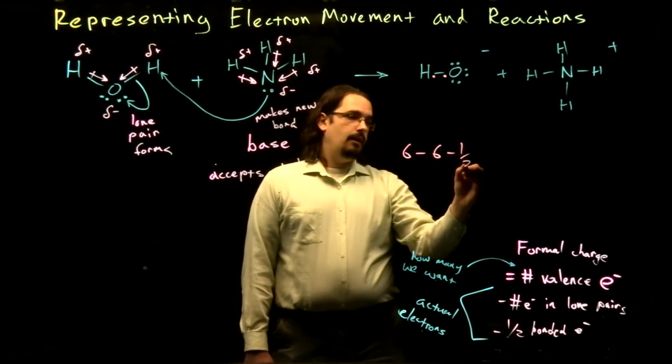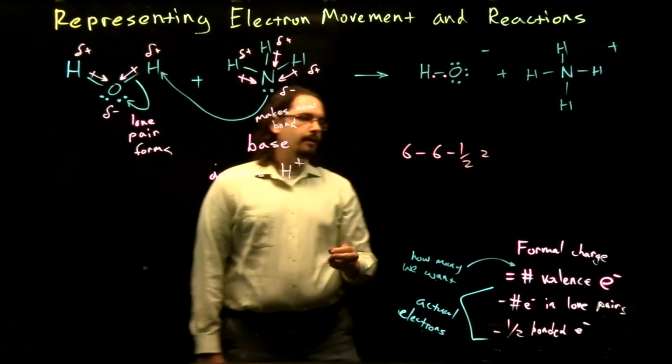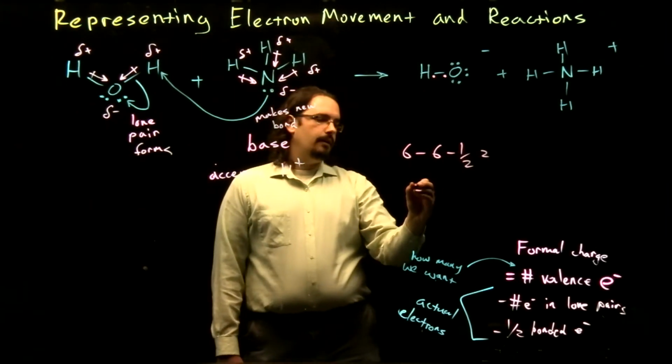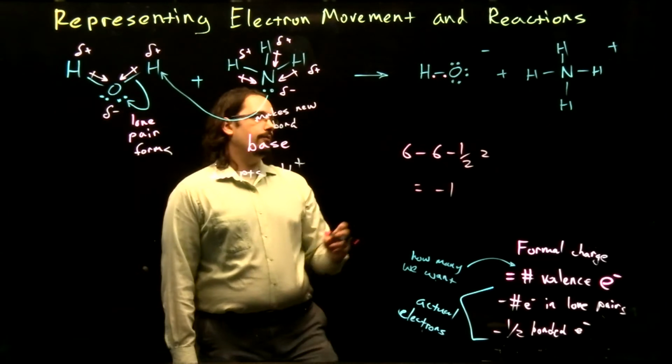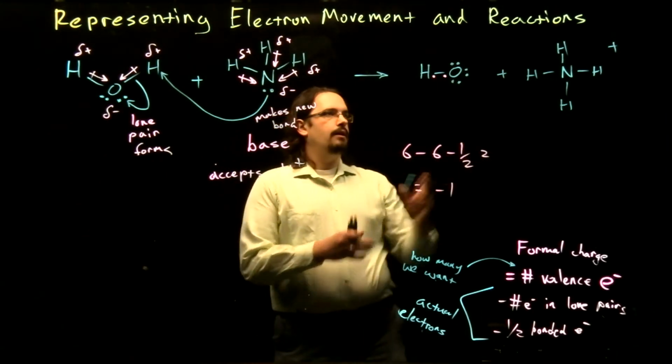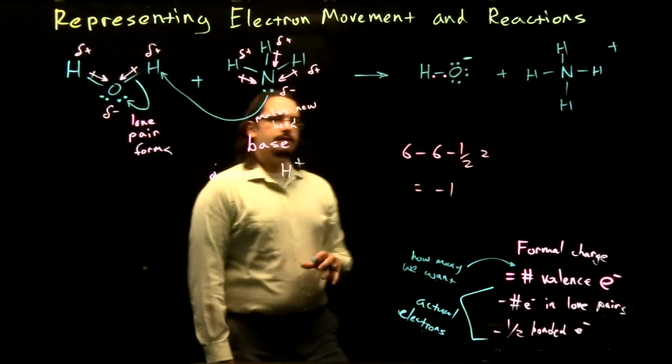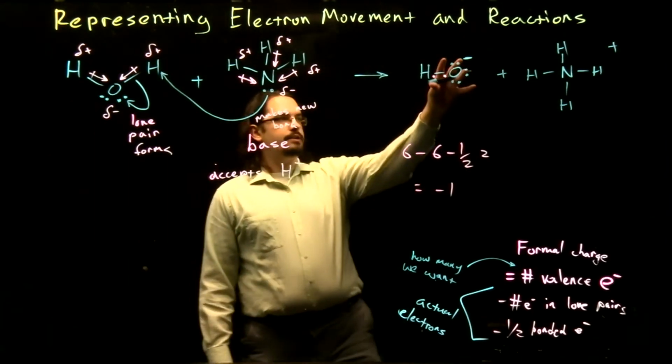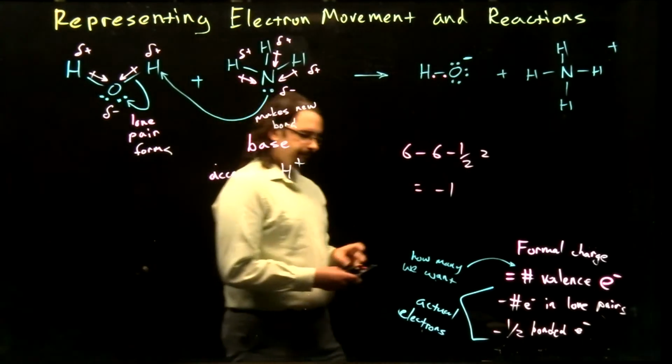So that's half of 2, or 1, and this becomes a formal charge of -1. So our oxygen has excess electrons, and the negative charge is focused on our oxygen. Our oxygen is very electron rich.